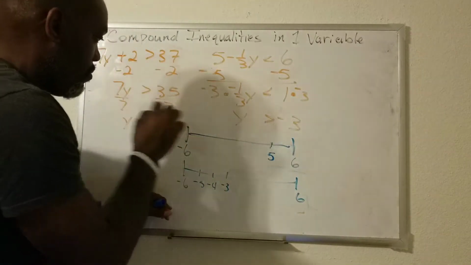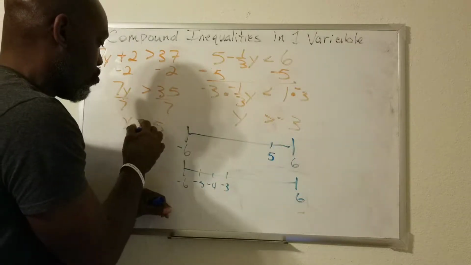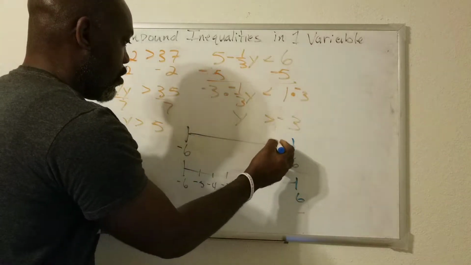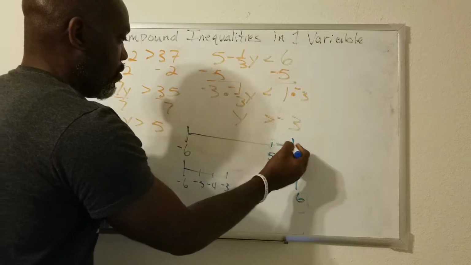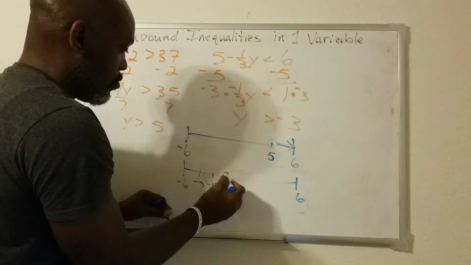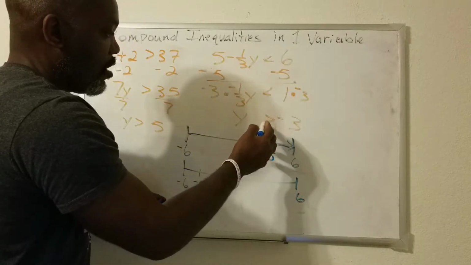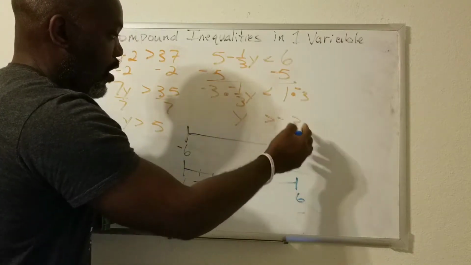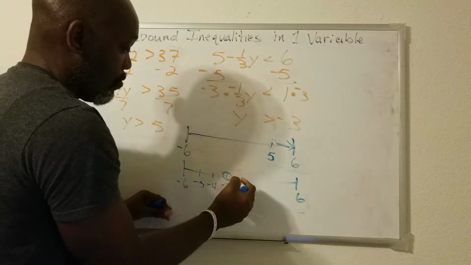So on this graph, we say y is less than 5. So we have an open circle at 5. Then we have an open circle here, and we're saying that all the numbers are greater than -3, so it's going to go this way.